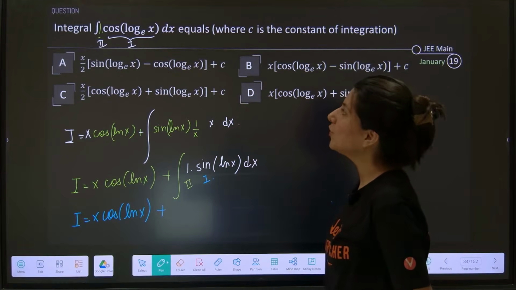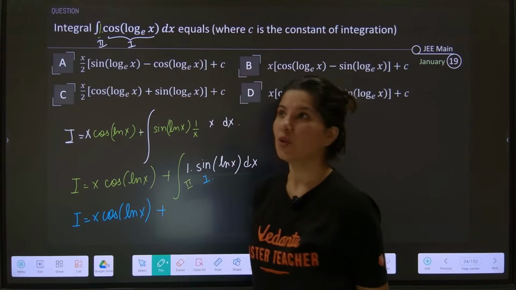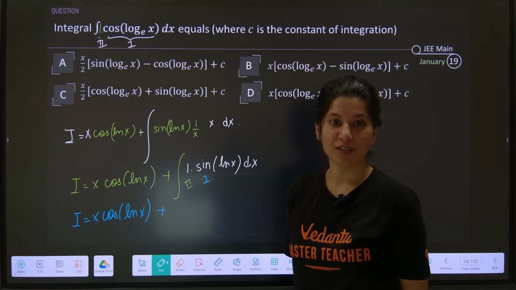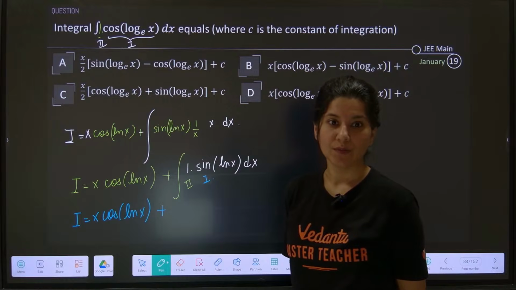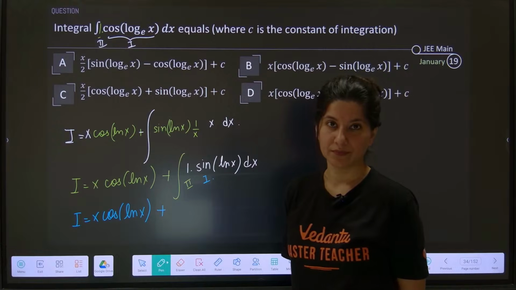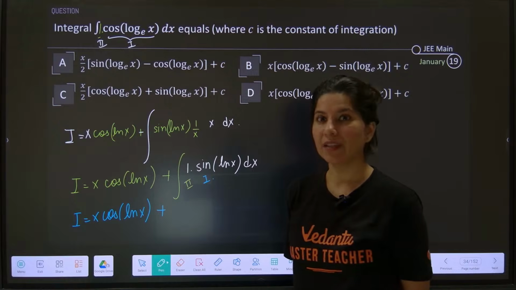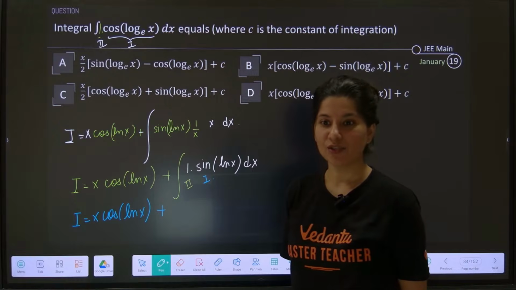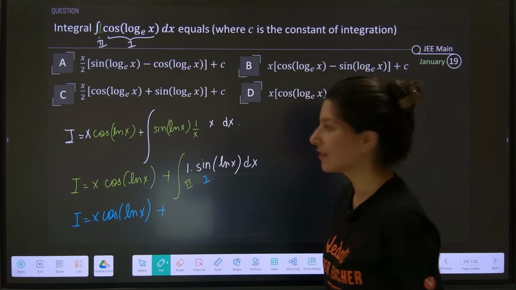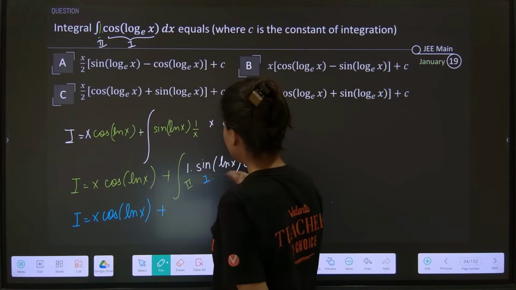And I have told you also, think about it, the second function should be that function whose integration should be known to you. Do you know the integration of cos of log x? And this is a combined function.